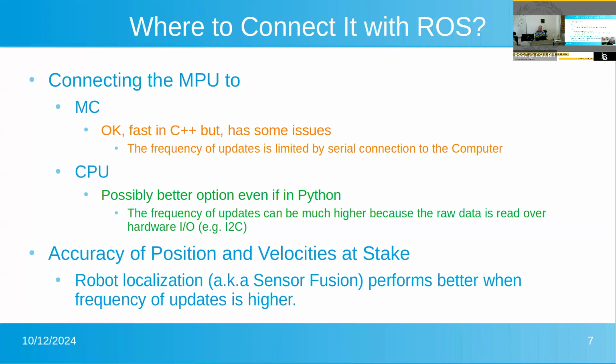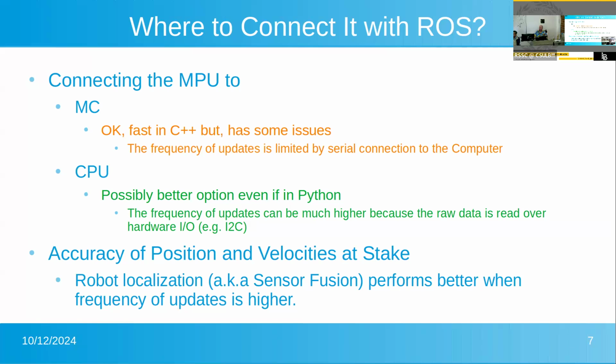But for the CPU option, I'm saying it's possibly better, even if the control code is in Python, which runs just fine, actually. The frequency of the updates can be much higher because the raw data is read over hardware I/O.